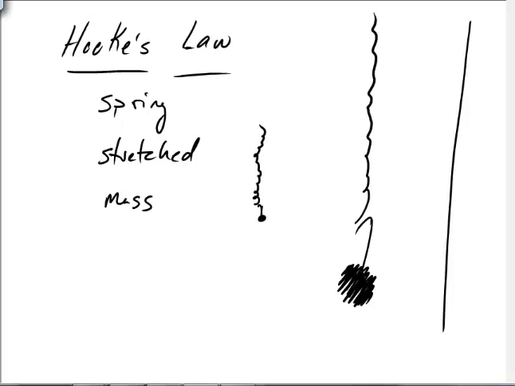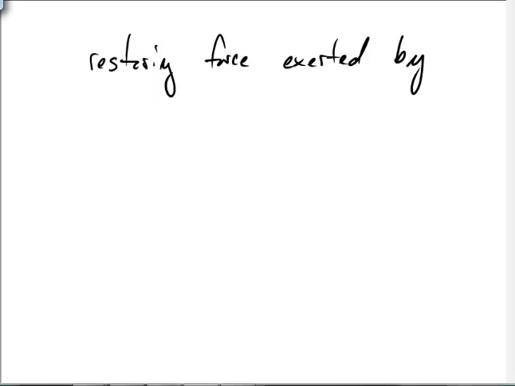So according to the book, what is Hooke's Law, Mr. Sadler? According to the book, the restoring force exerted by a spring is directly proportional to the distance of the stretch or the compression of the spring.